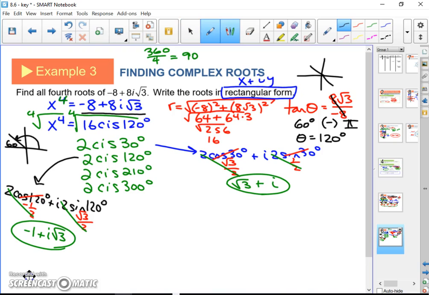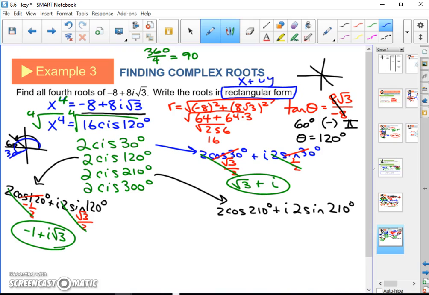Let's try this one. 2 cis 210. I'm going to have 2 cosine 210 plus i times 2 sine 210. 210 is a 30-degree reference in the third quadrant. So cosine 210 has to do with cosine 30. Cosine 30 is square root of 3 over 2.